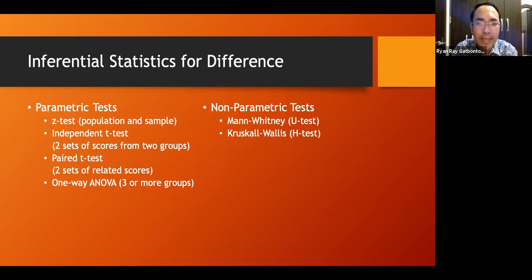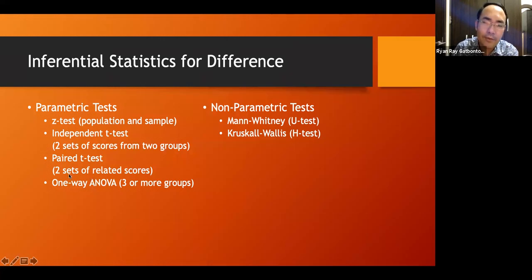Parametric tests can be used to answer the question of the difference between population and sample, which is your z-test. Or if you want to compare 2 sets of scores from 2 different groups, then you use an independent t-test.